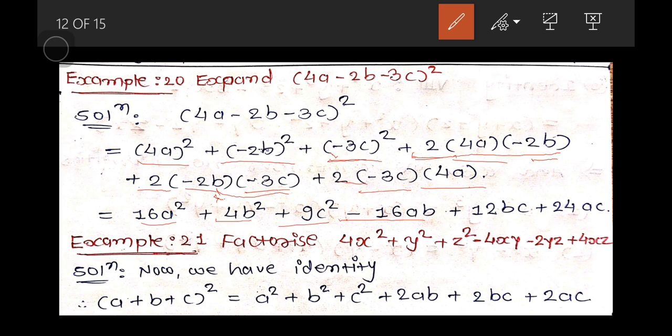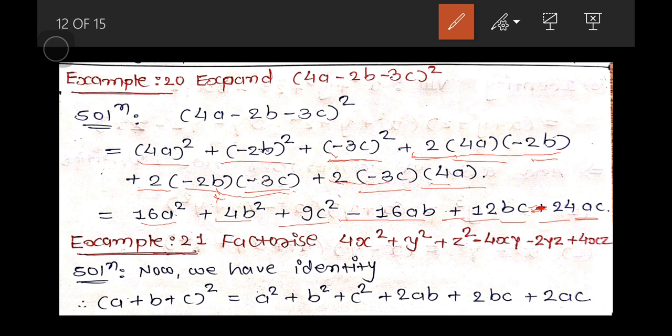Then we can multiply 2 into 2 into 6, 2 into 2 that is 4, 4 into 3 that is 12, and minus minus will be plus, and the b and c variables are as they are. 2 into minus 3 into 4: 2 3s are 6 and 6 4s are 24, and here we put a minus sign, and for a, 24ac as it is.